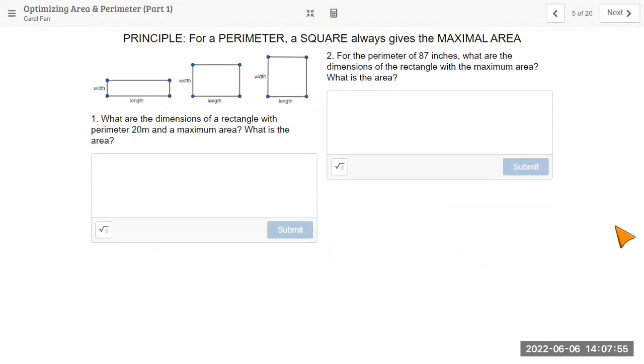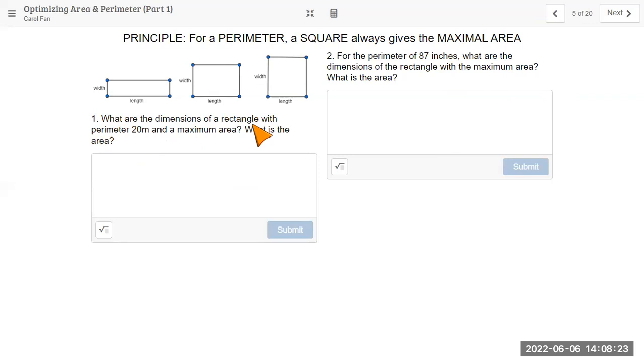Okay, so all of that was to demonstrate the point that when we have a perimeter, the square will always give you the maximal area. It's not always that you want the maximal area, but if you did want the maximal area, you would make a square. So let's do two of these as an example.